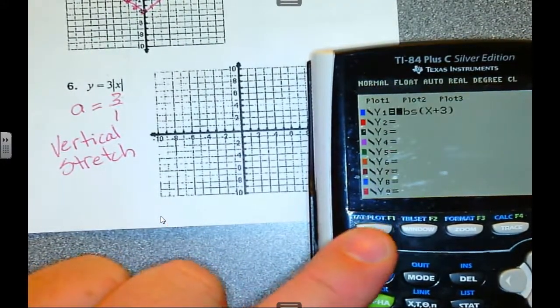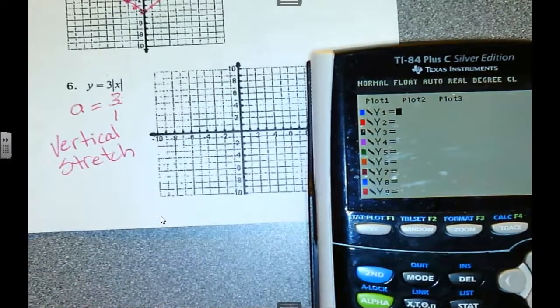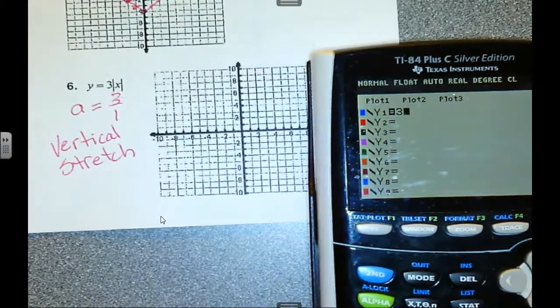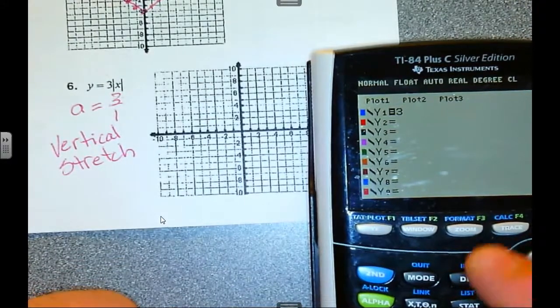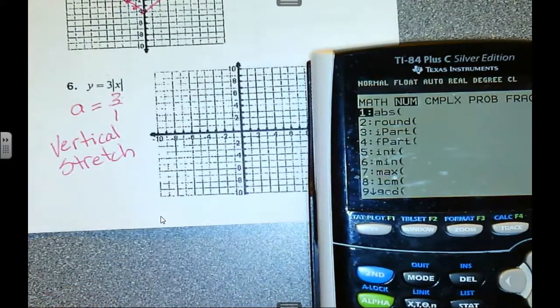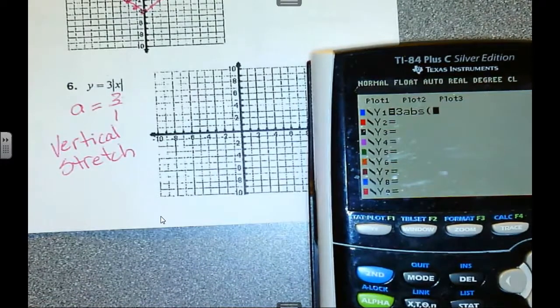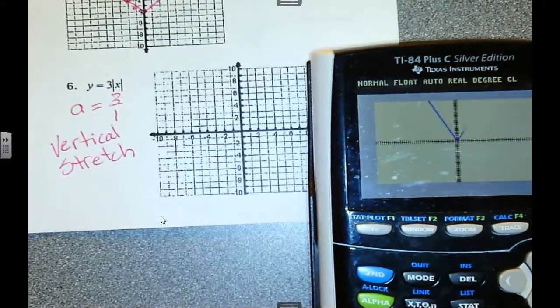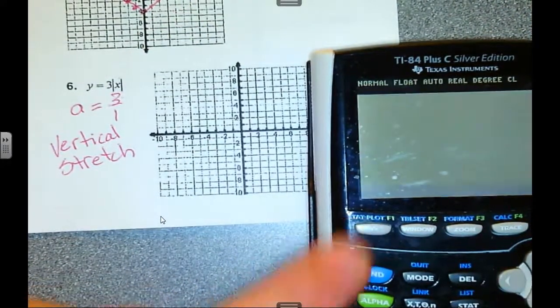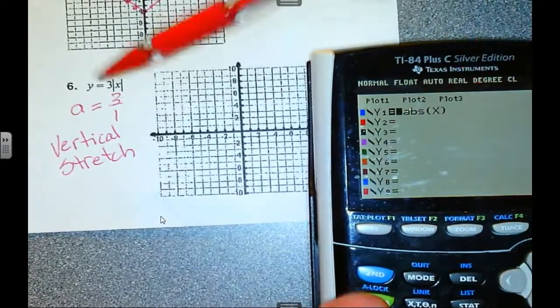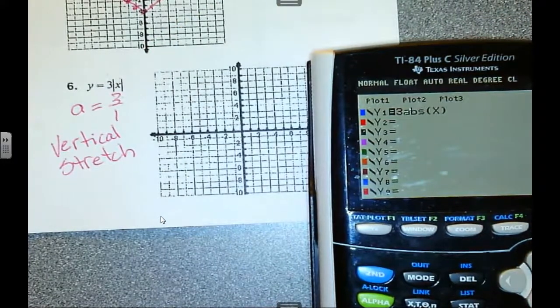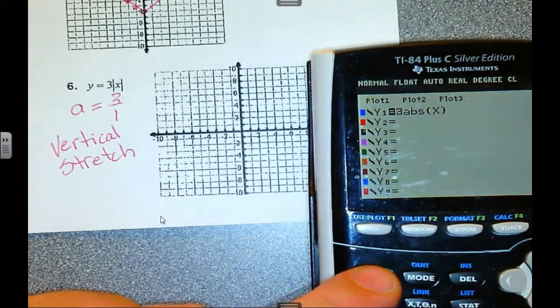So I go to y equals and put in 3 times the absolute value: I hit my math and pick up absolute value, so I have 3 absolute value of x. Close the parenthesis. Hit graph. See how it stretched it? I put in 3 times the absolute value of x. Now I'm going to go to my table and pick up some good points.